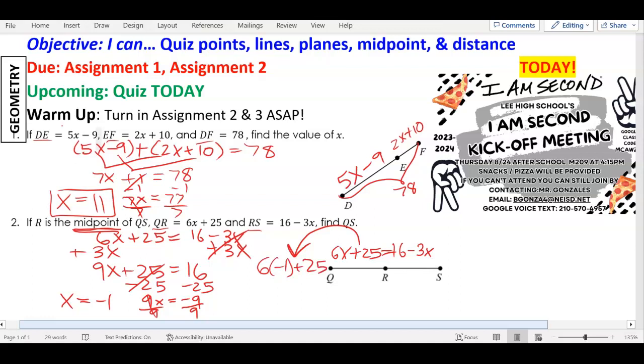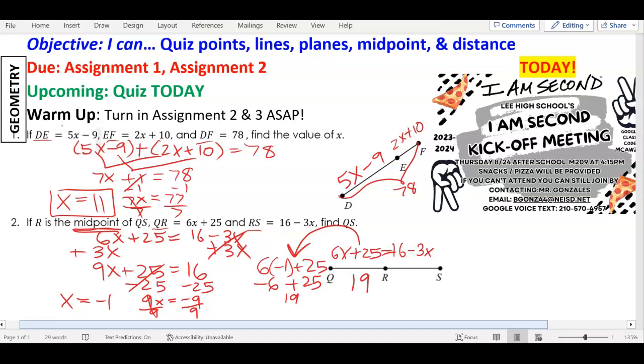I am substituting, I am plugging in -1 wherever x is. So 6 times -1 is -6. Bring down plus 25. -6 plus 25 is 19.